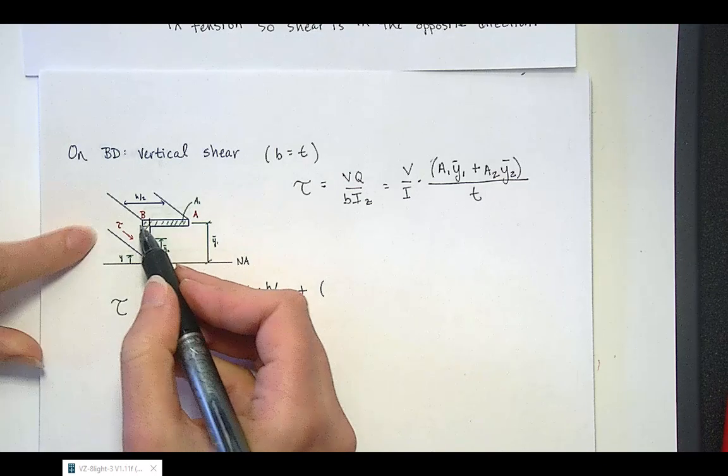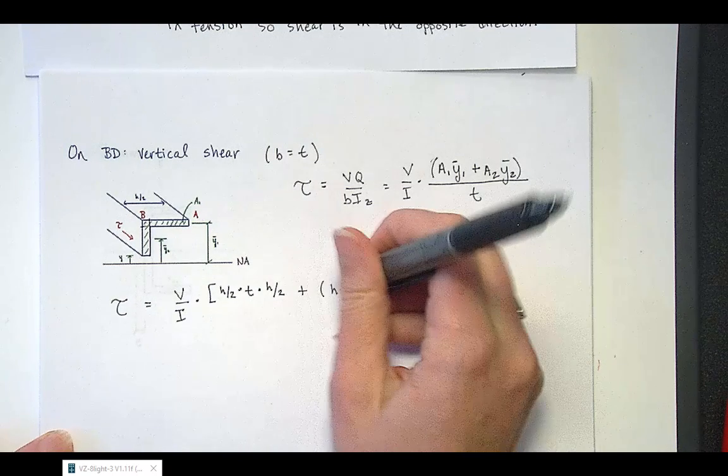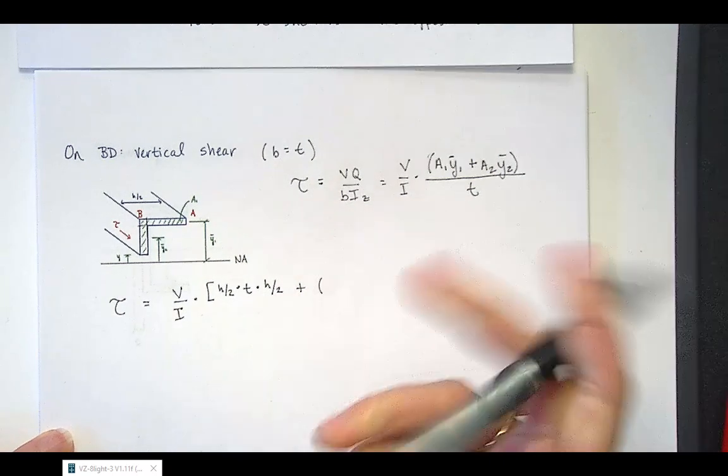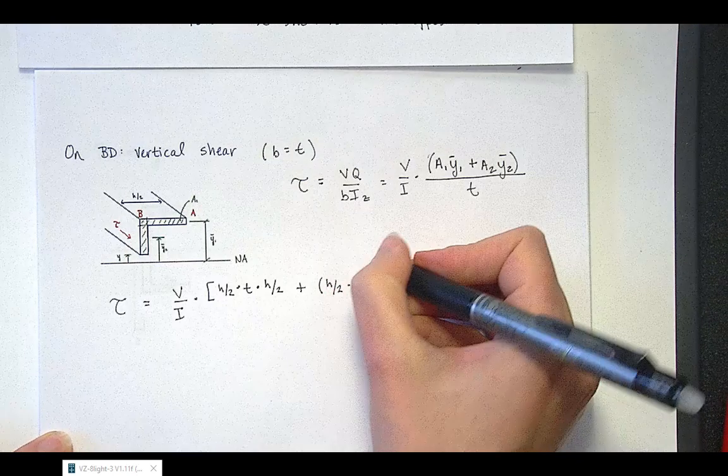So it's going to be H over 2 minus Y times T.